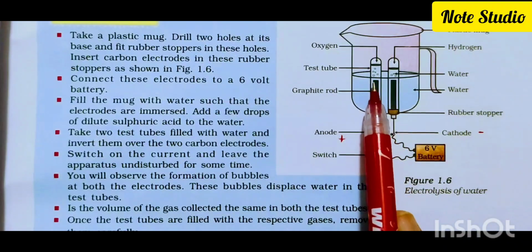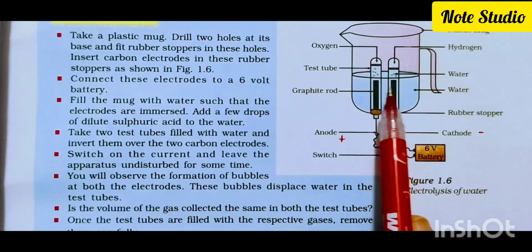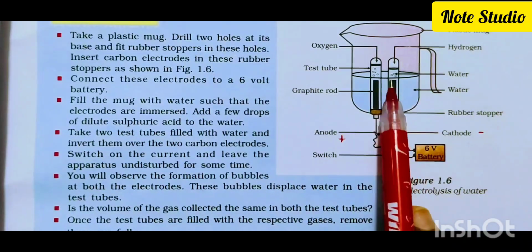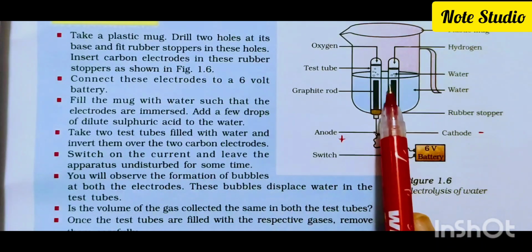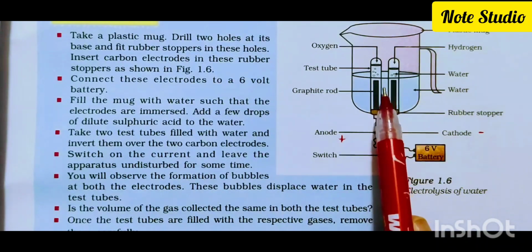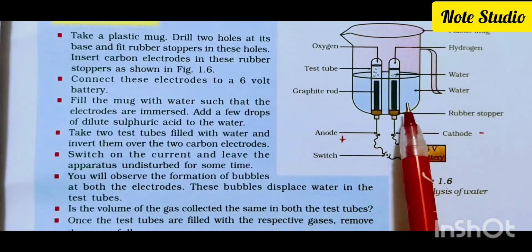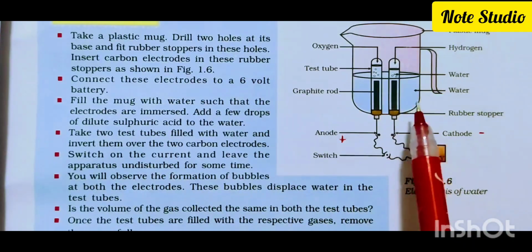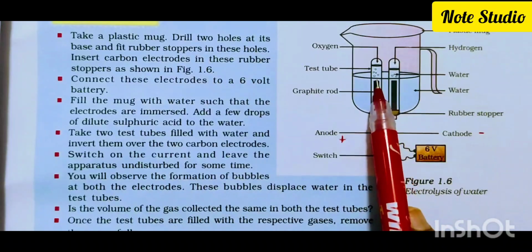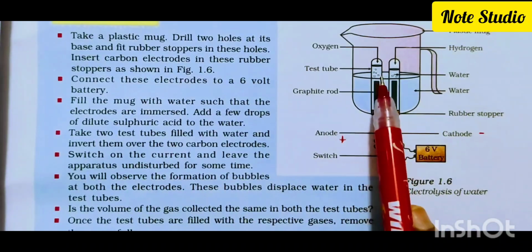Here it is shown, right? In one test tube a few bubbles are there, and in another test tube also a few bubbles are there. That shows that this water has split into H2 and O2 gases. When some gases are present, then only bubbles will be formed in the water.